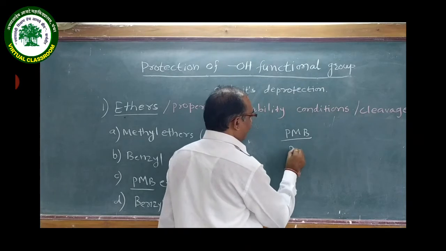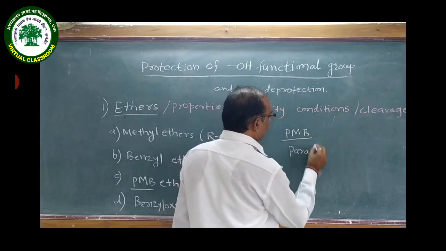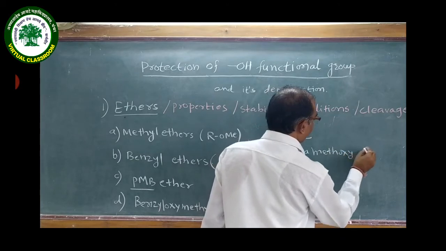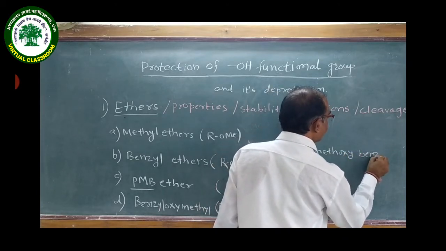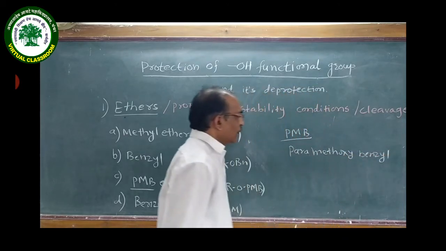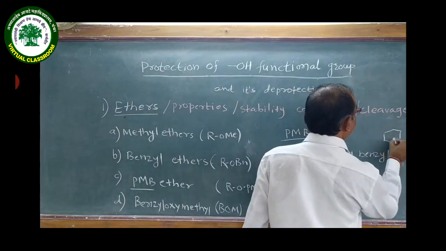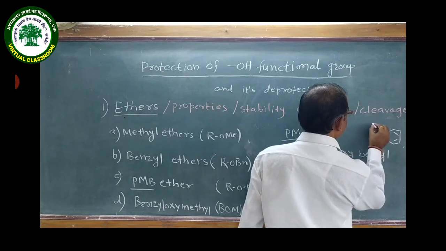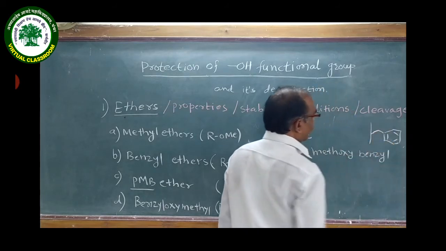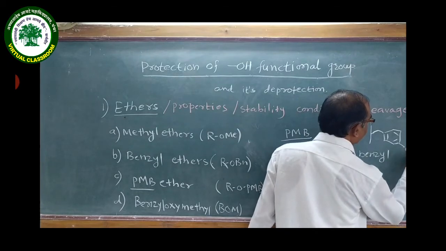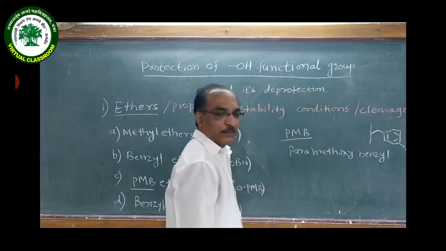P indicates para, M indicates methoxy, B for benzyl. Just now we have seen that benzyl protection. Benzyl protection is like this. But para-methoxybenzyl is just having OMe at its para position.